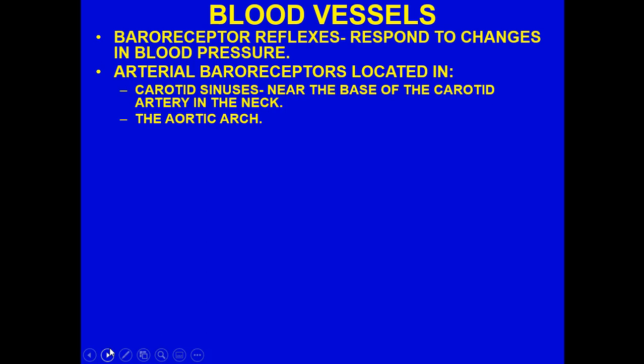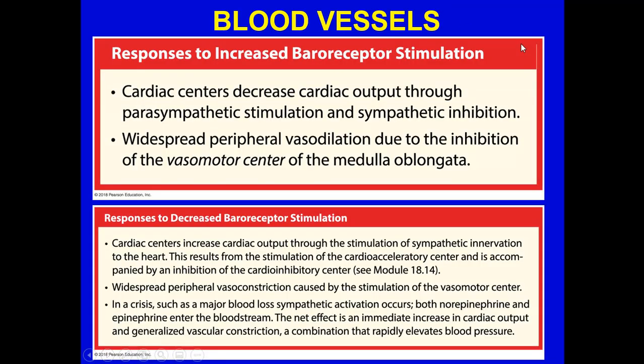Now, there are baroreceptor reflexes. Baroreceptors, if you remember, are sensory receptors that respond to changes in pressure. In this case, we're responding to changes in blood pressure. The arterial baroreceptors are located in the carotid sinuses and the aortic arch. The carotid sinuses are near the base of the carotid artery in the neck.